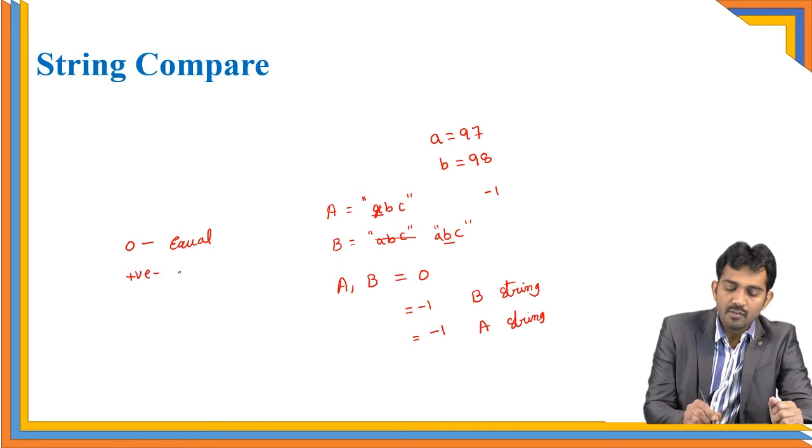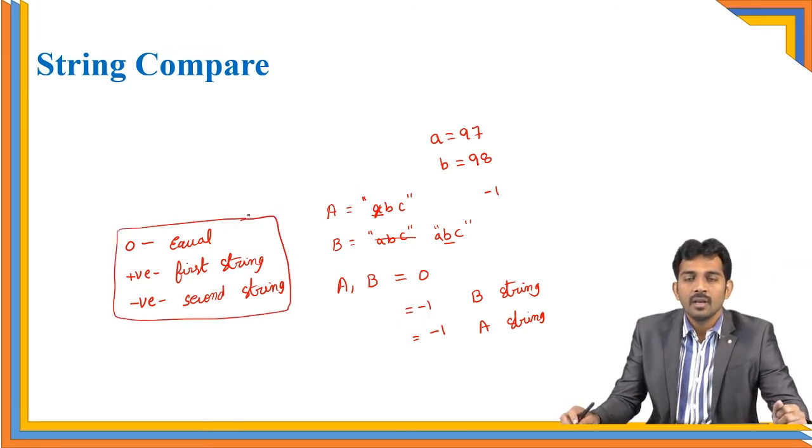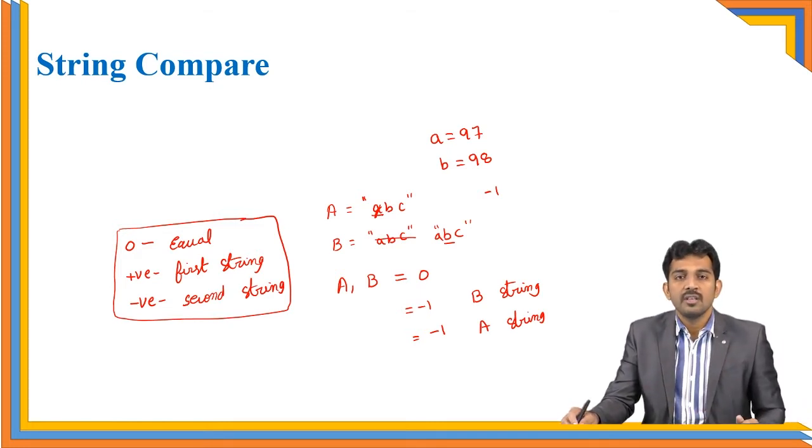Positive means first string is larger. Negative means second string is larger. Please note this formula. I have two strings. You need to check the relation between the two strings.